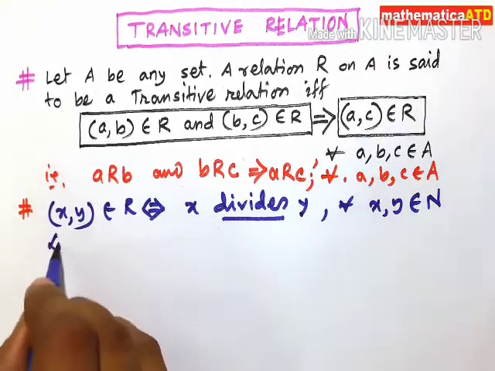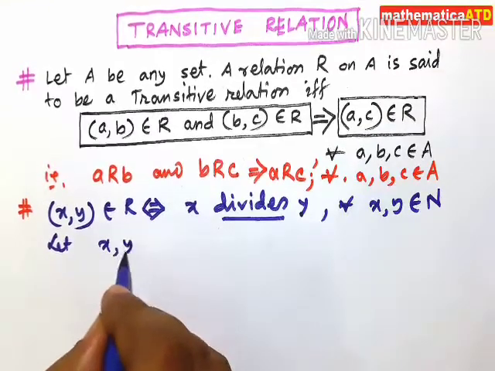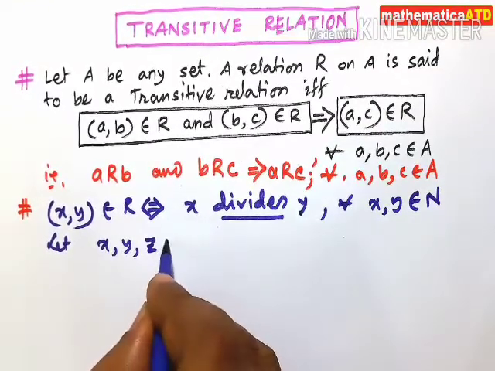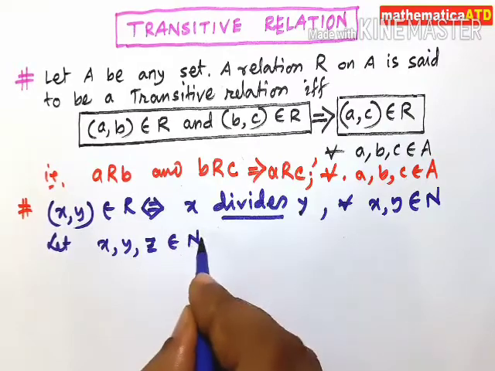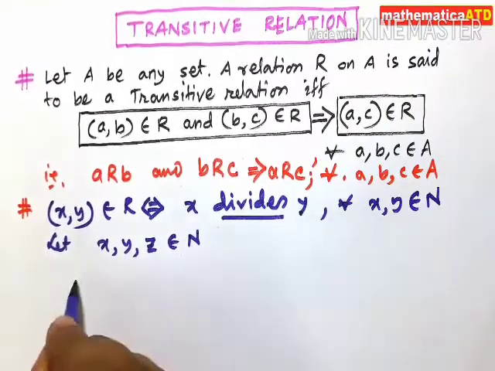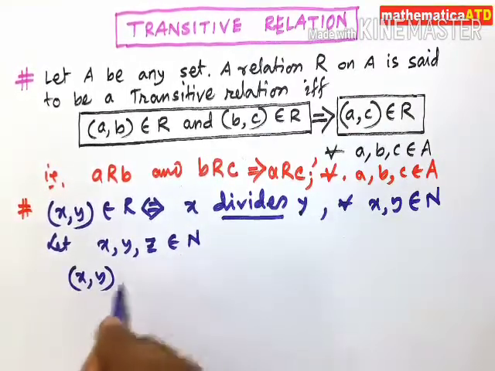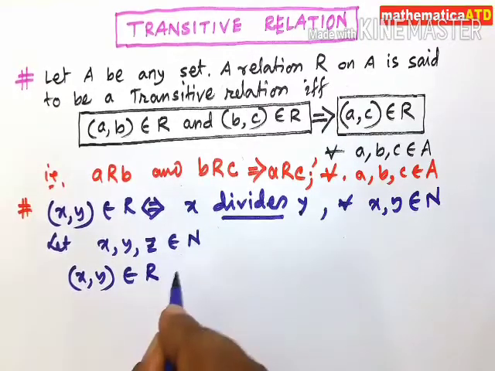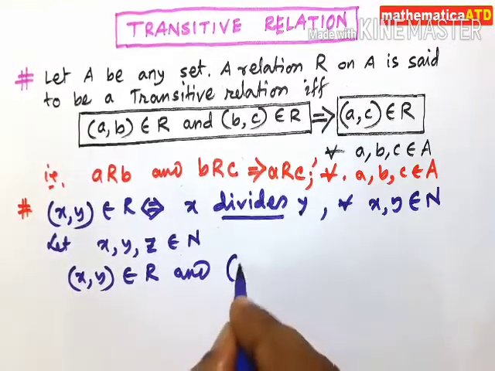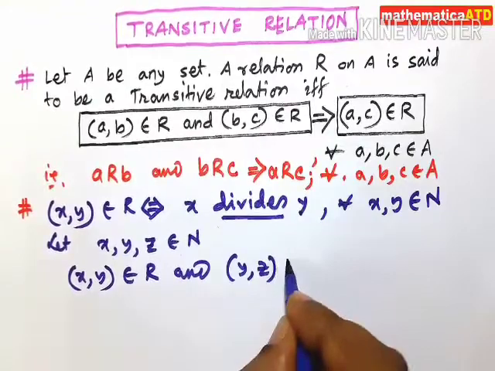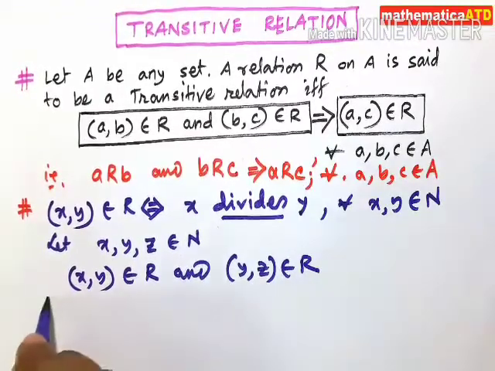Let us consider that x, y, z belong to N. Besides that, the ordered pair (x, y) belongs to R, and the ordered pair (y, z) belongs to R. Then what can we write?